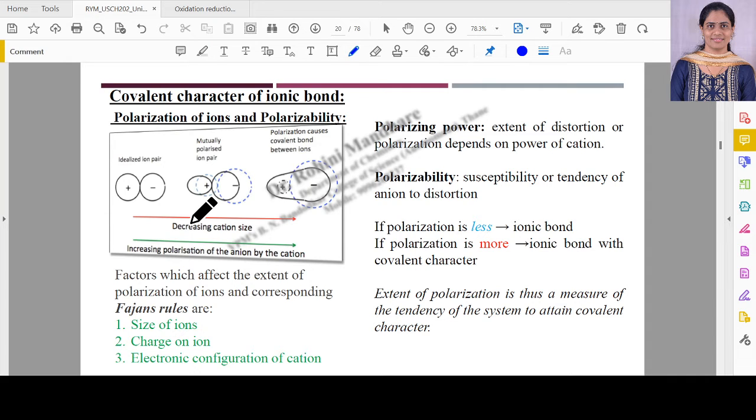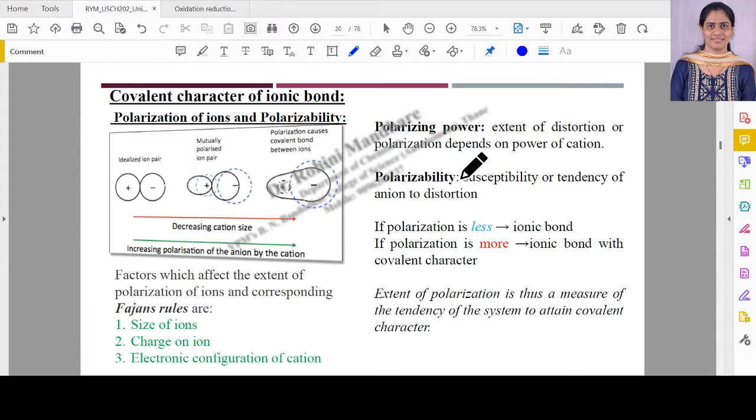Let us move towards the characteristics of the ionic bond. In the covalent character of ionic bonds, we have seen two important concepts: polarization of ion and polarizability. What is polarizing power? It is the extent of distortion, or polarization, and depends on the power of the cation.